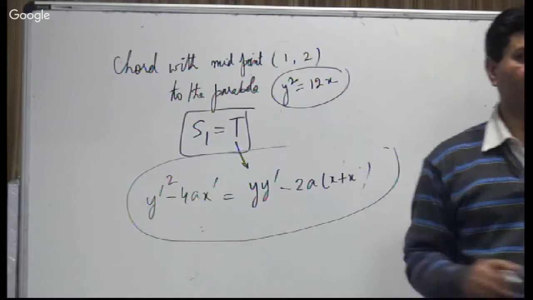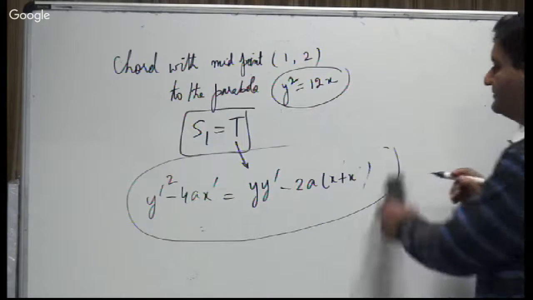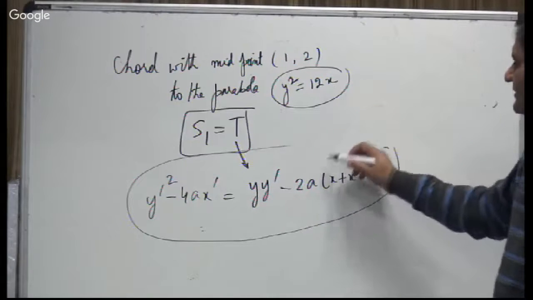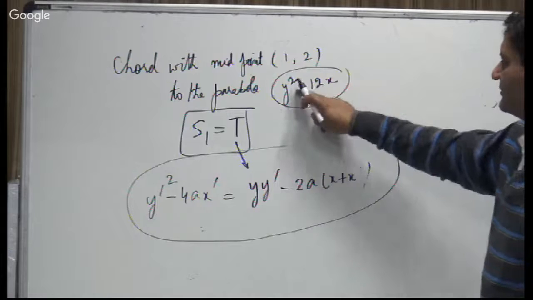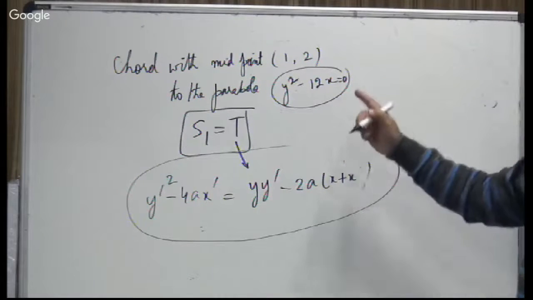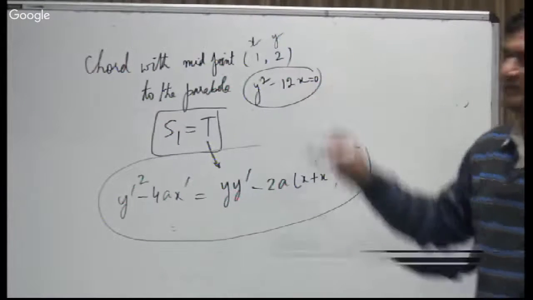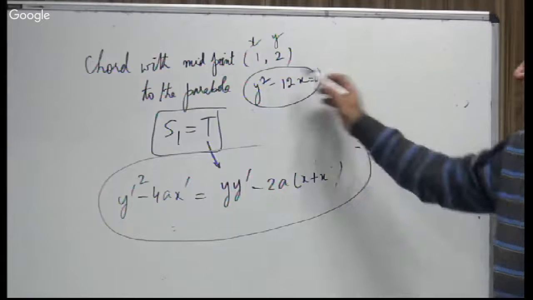What will be the equation of the chord? So what we'll do is, first you write it like this. All terms you write on one side. In place of x you substitute 1. In place of y you substitute 2. What will this give you?